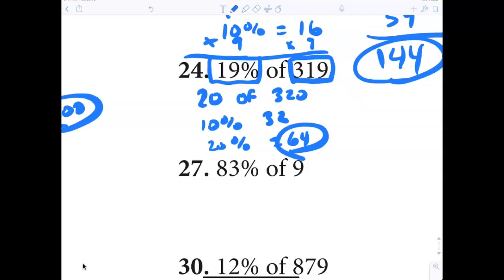But these are just so close to 20%. 60 and 64, there's not that much difference. But he was asking me a question where it was literally 70 away. That's why it's so much different. 19% to 20% is 1%, so it's not a big deal.